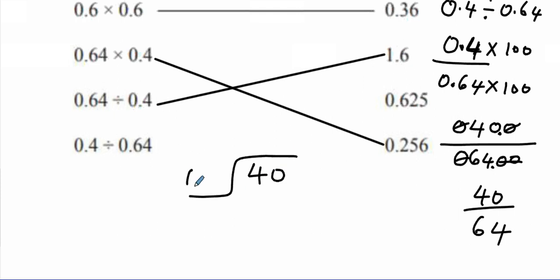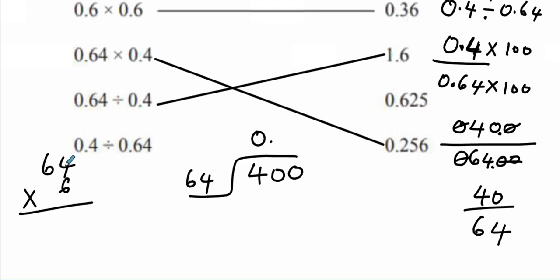40 divided by 64 is impossible, so you put 0, add more 0 here, and then this is 400 divided by 64. Let's try 64 times, say, 7, it will be 448, that is too big.